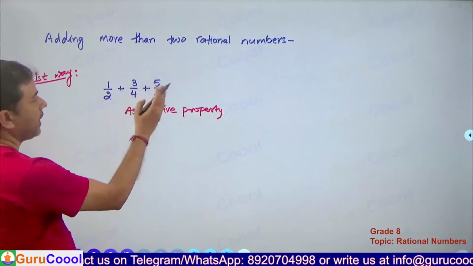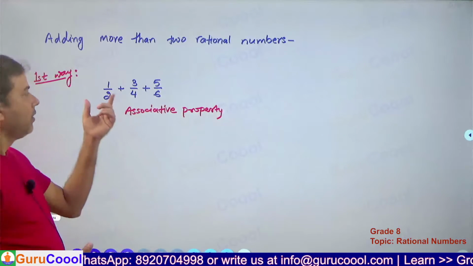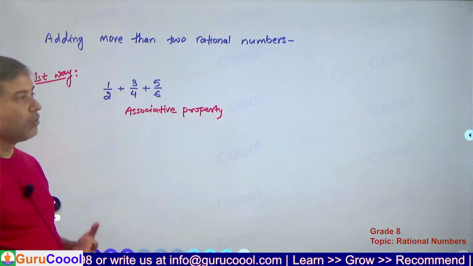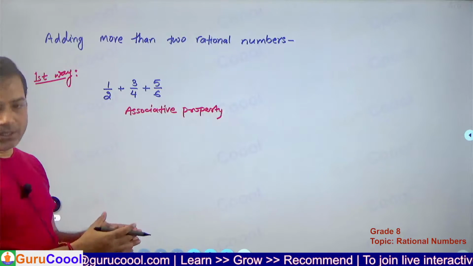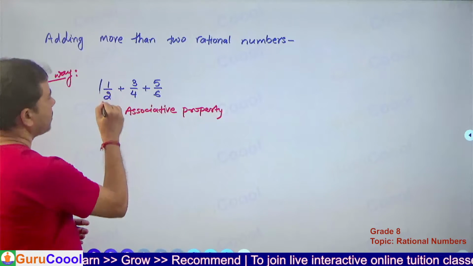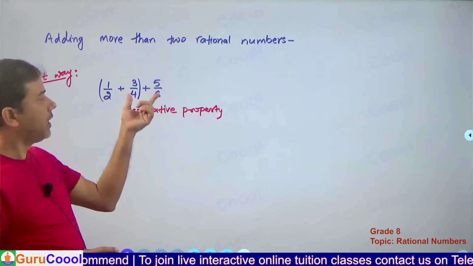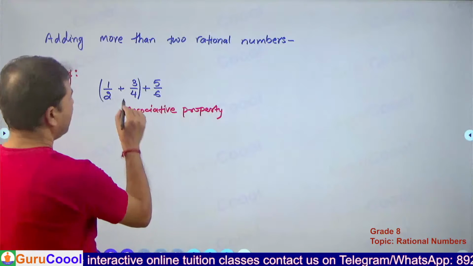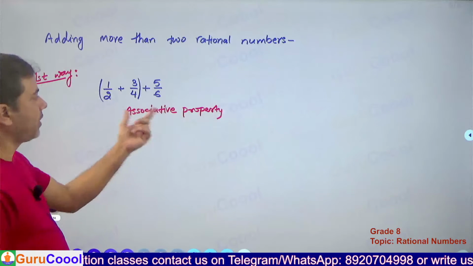We choose any two rational numbers as per our choice and add them first. Whatever result comes from them, we add that result with the third one. Suppose I choose the first two, but it's my choice. I could have chosen the last two as well. That is completely your choice, because in both ways you get the same answer. Associative property says that.